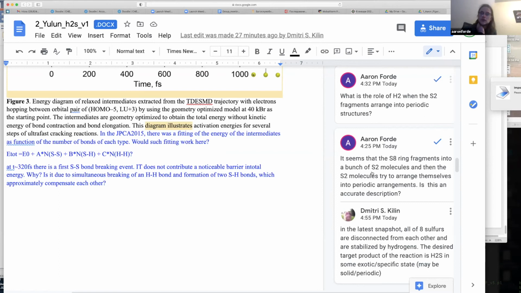Okay. And the goal of this work is to assist the community to understand this high pressure hydrogen sulfide, because it is toxic and not super stable, or maybe there are some other reasons.